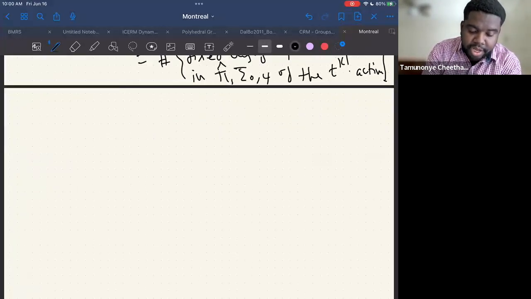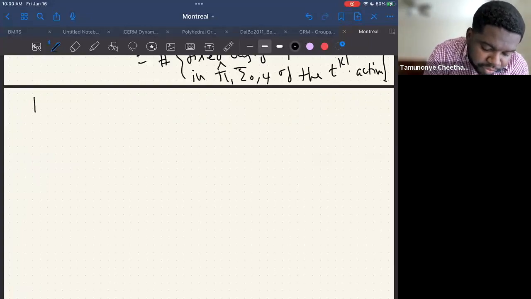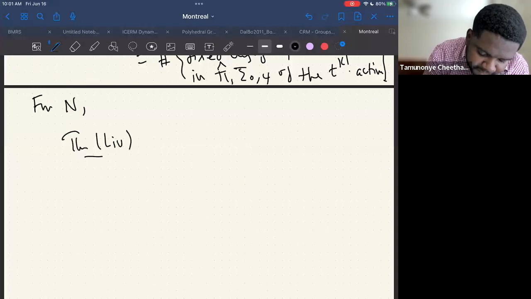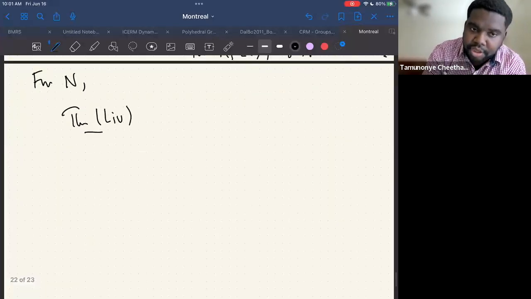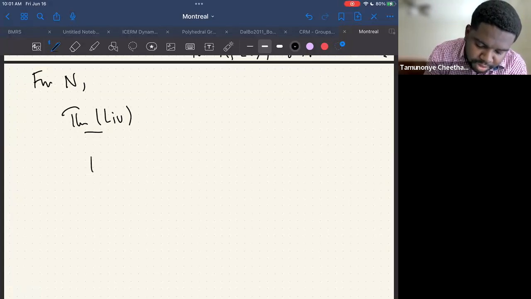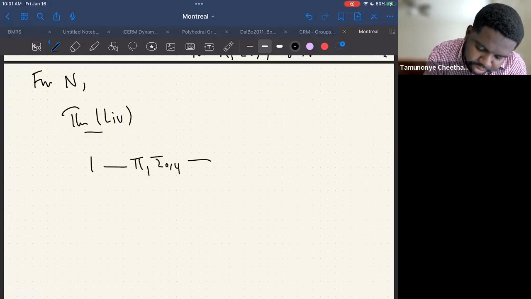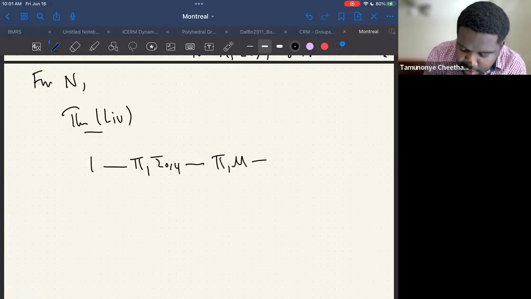And so in particular, we have the following for n. This is like a theorem of Liu. We have the following picture of extensions. 1 to pi1 sigma 0,4 to pi1 m to z to 1.